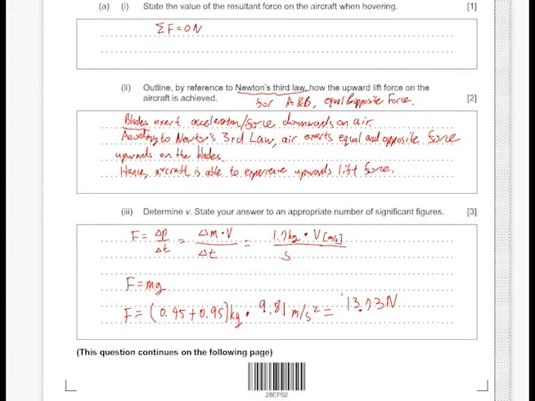We can plug this figure into the force equation. So we get a new equation: 13.73 newtons needs to be generated by supplying air with a velocity of v, so 1.7 kilograms per second times v, whose units are meters per second.